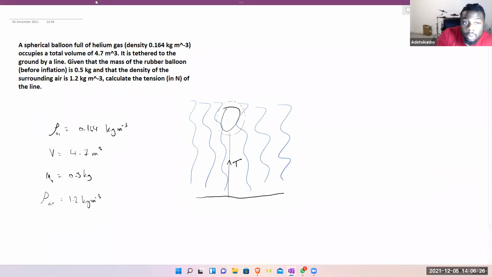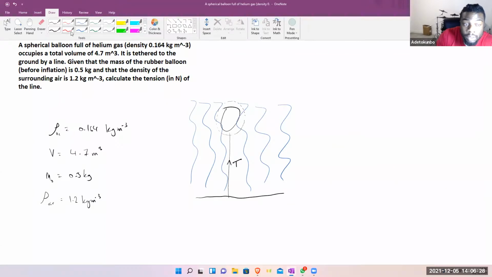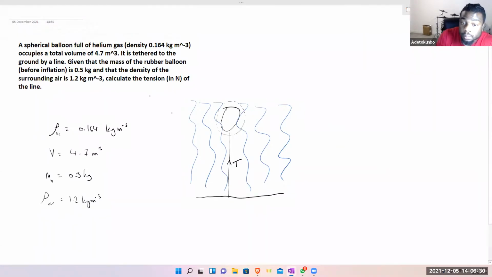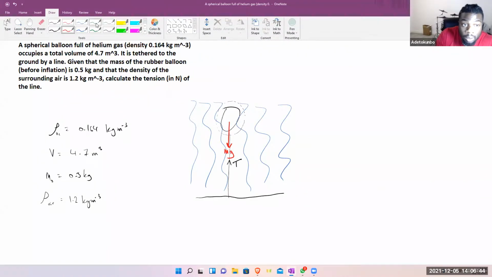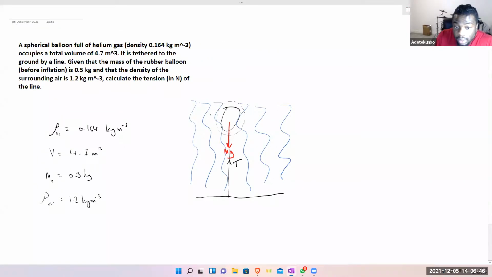Now, because we know that gravity only acts downwards, the weight of the balloon and the gas inside the balloon acts like that. But the pressure due to the air all around it is going to be like this.